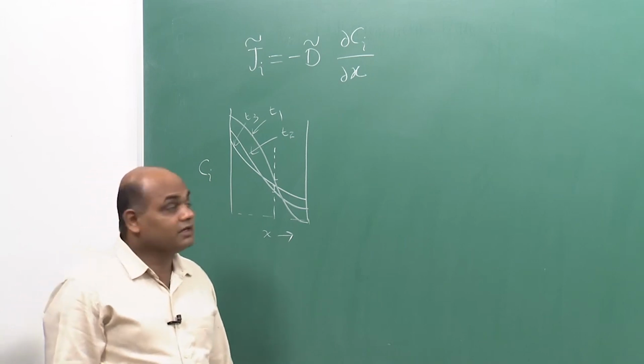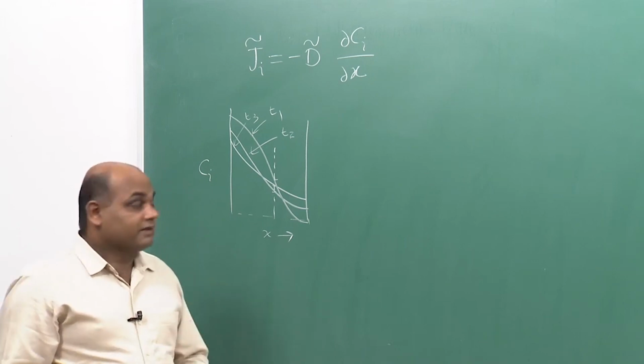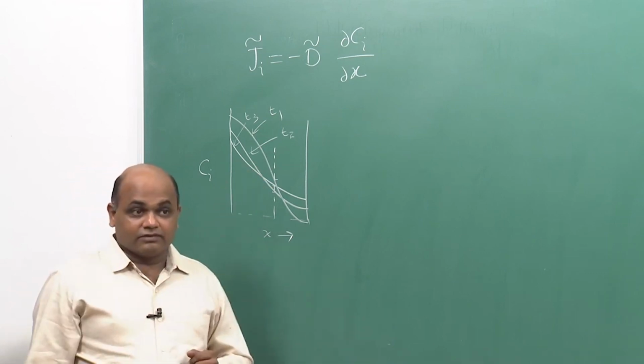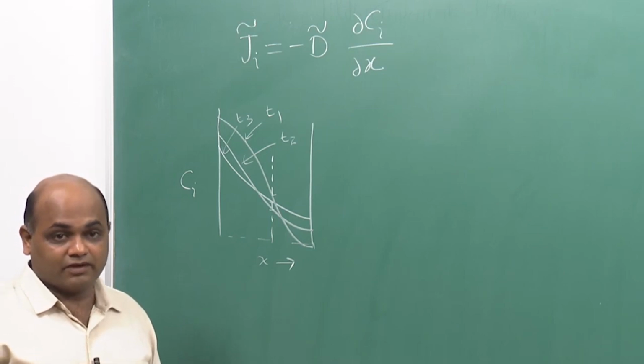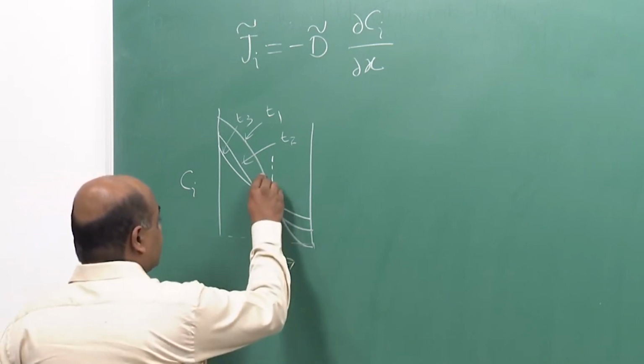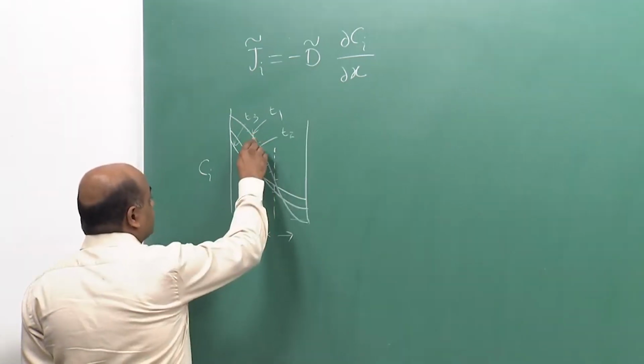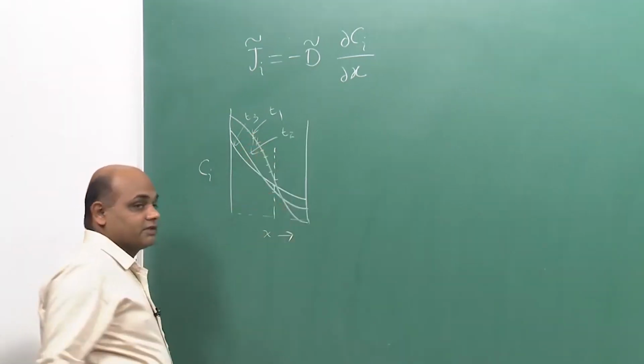That is one of the limitations of Fick's law, but that does not mean that Fick's law is not applicable when C is varying as a function of time. In fact, at any given time you can apply Fick's law at any given plane along this concentration profile.